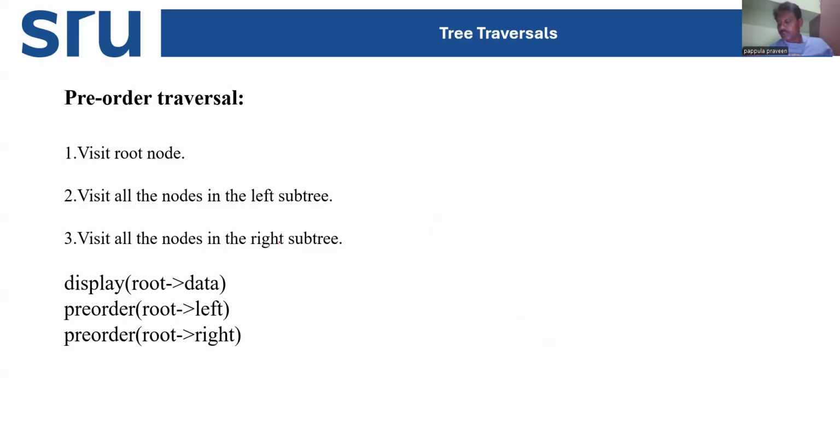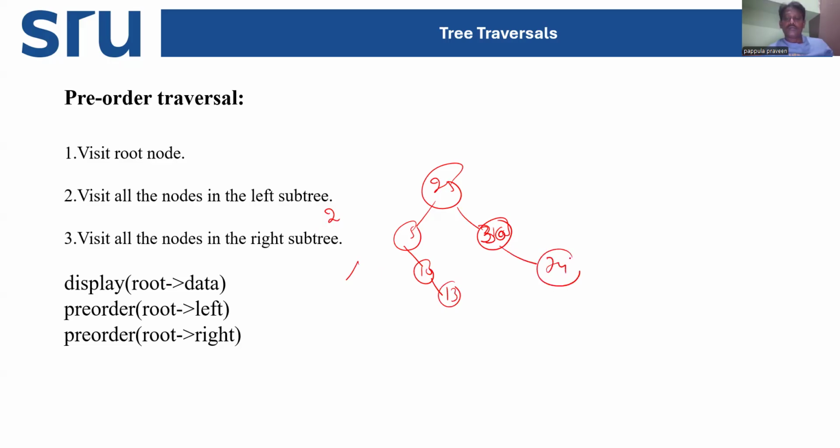Preorder means first visit the root node, visit the left child, visit the right node. So 25 is the root node. Now visit the root node, 25.